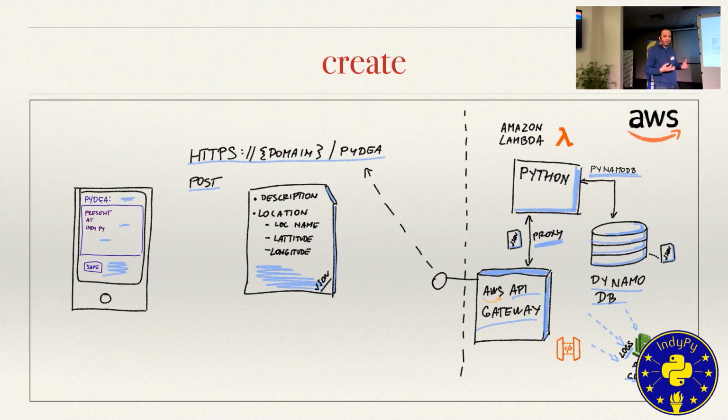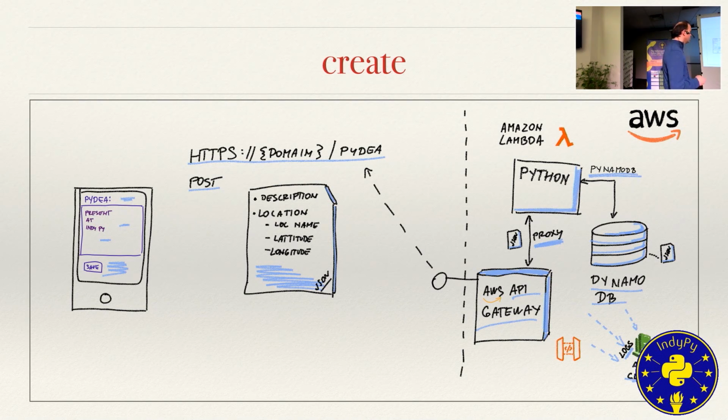The first thing I'm going to create is an HTTPS endpoint that lets me create my idea. So I'm going to post an idea, and it's going to store it in my database. Very simple. That'll be my domain. You can come up with your own /PyIdea, and I'm going to post some JSON to it.